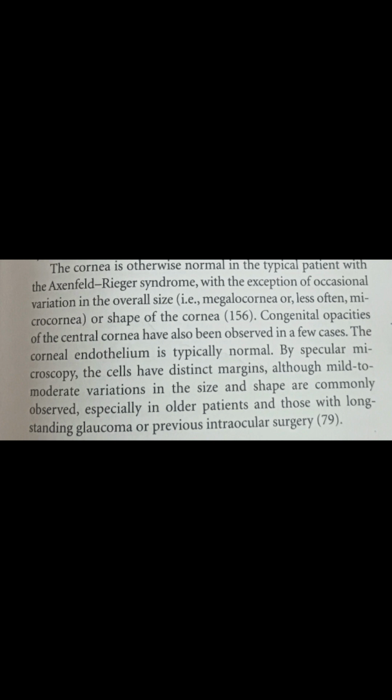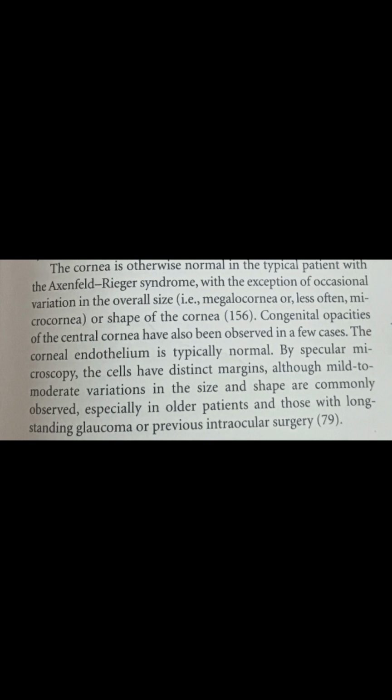The cornea is otherwise normal in the typical patient with the Axenfeld-Rieger syndrome, with the exception of occasional variation in the overall size, that is, megalocornea, or less often microcornea, or shape of the cornea. Congenital opacities of the central cornea have also been observed in a few cases.